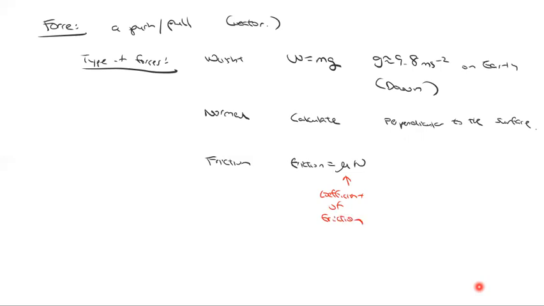Depending on if the object is moving relative to the surface or not, you would use either the static or dynamic coefficient, but ultimately it's still a coefficient. This always opposes the velocity, if moving, or the applied net force, if not moving yet.